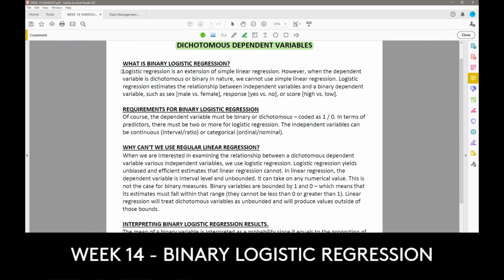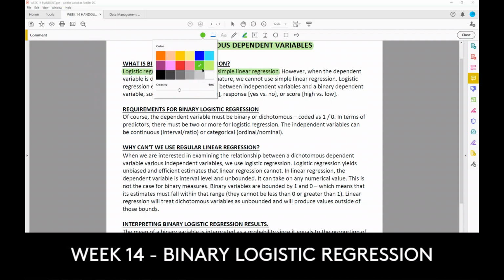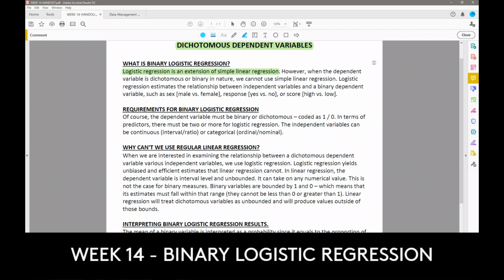So again, logistic regression is an extension of standard linear regression. However, it's used in instances when our dependent variable is dichotomous or binary, because remember, when we are using linear regression, the outcome variable must be continuous. So then what do you do when your outcome variable is not continuous?